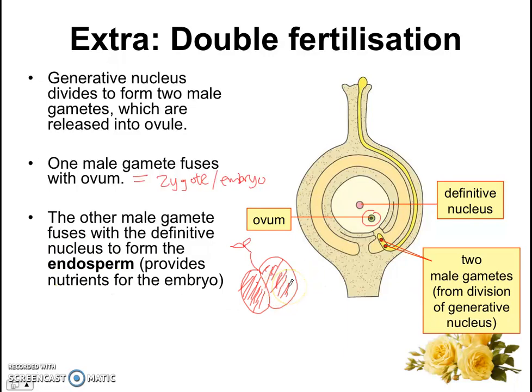So there are two fertilizations taking place, and so we call it double fertilization. The first male gamete will fertilize the ovum, and the second male gamete will fuse with the definitive nucleus. Okay, but this is totally extra. You don't need to know it. Just interesting facts for you to be aware of.